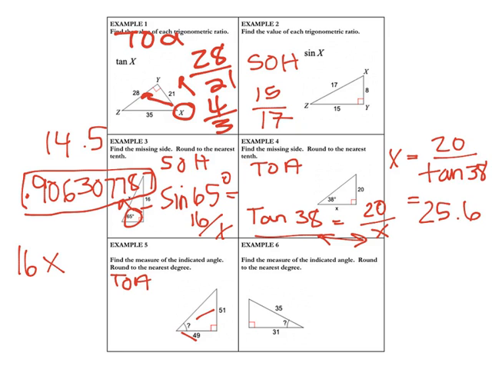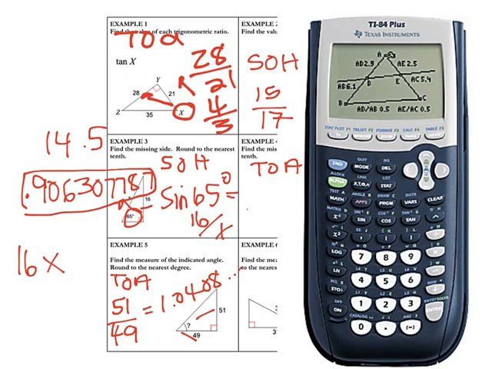So that means that 51 over 49, which is opposite over adjacent, I figure out what the answer to that is. It's 1.0408, many, many more digits. So what I'm going to do now is take the tan. On your calculator, you will use the second button, and then you see tan to the power of -1.